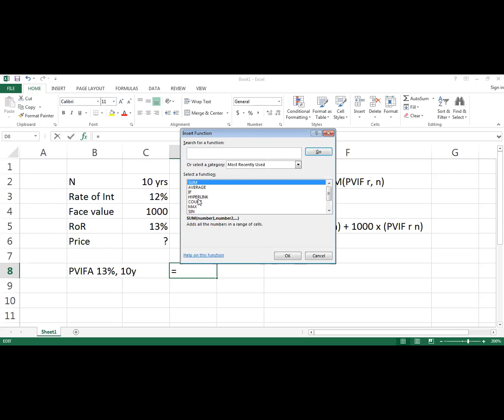You can see here sum, average, count, max, sign, all these things. Go to the most recently used button, click here on financial. Once you click on financial, all these financial formulas will come in. Now you need not worry about all these financial formulas. That is not required for you, right?